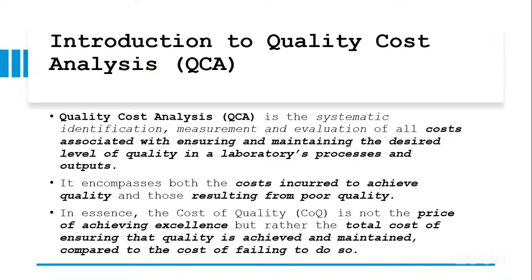What consequences? Look at the litigation areas. Look at the patient complaints. Look at eroded reputation for your facility. Look at the lost clients because you gave a poor quality outcome. So when you look at this, you are looking at the total cost of ensuring that quality is achieved and maintained compared to the cost of failing to adhere to the quality standards.